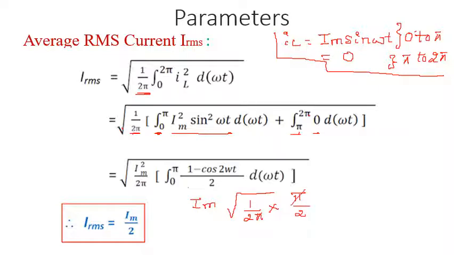So pi cancels here. It will become Im into square root of 1 by 4, and square root of 1 by 4 is 1 by 2, that is Im by 2. So IRMS is given by Im by 2.